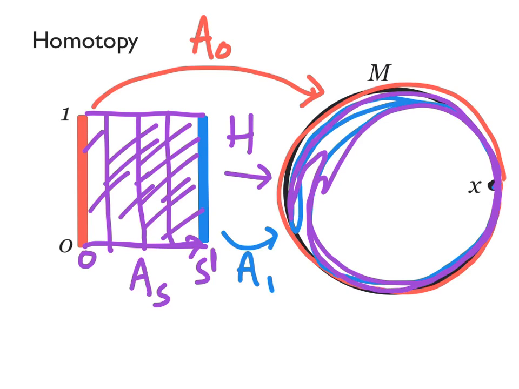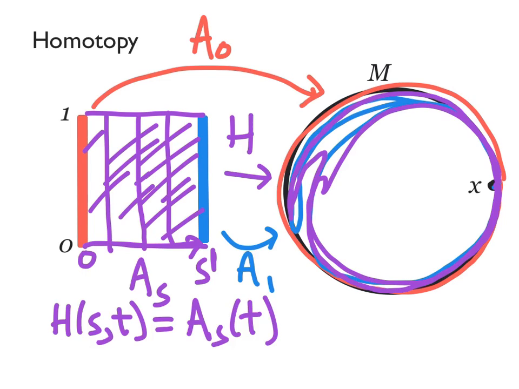So H is a homotopy between A0 and A1. Exactly what that means is that each S gives us a path A_S depending on t, and that path A_S depending on t is really just H of S, t.